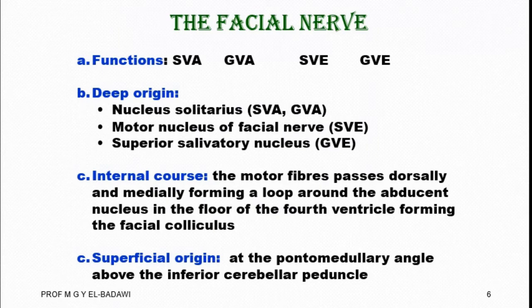So as we said, the functions are all visceral: special visceral afferent, general visceral afferent, special visceral efferent and general visceral efferent. Deep origin: the nucleus solitarius, the motor nucleus of facial, the superior salivatory nucleus.